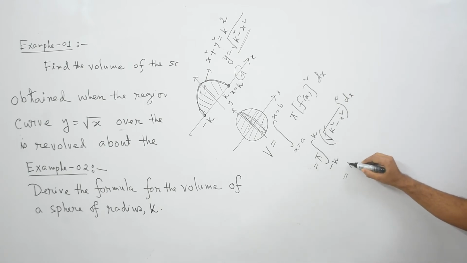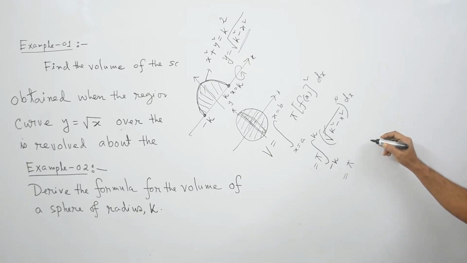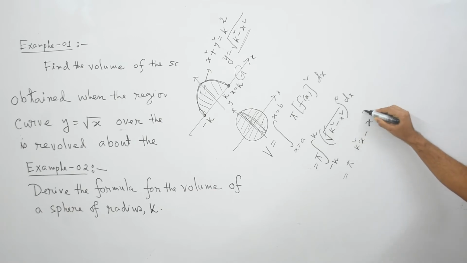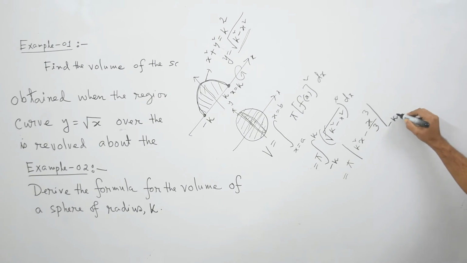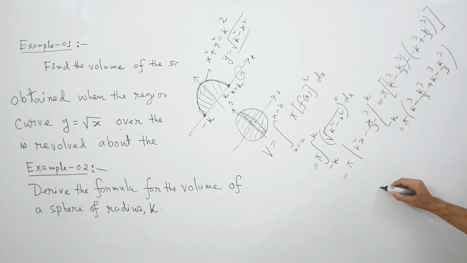Therefore we can write the integration of k square as k square x, minus the integration of x square, x cube by 3, from minus k to k. So this equals pi times k cube minus k cube by 3 plus k cube minus k cube by 3.